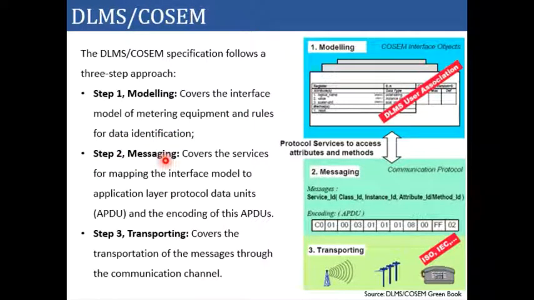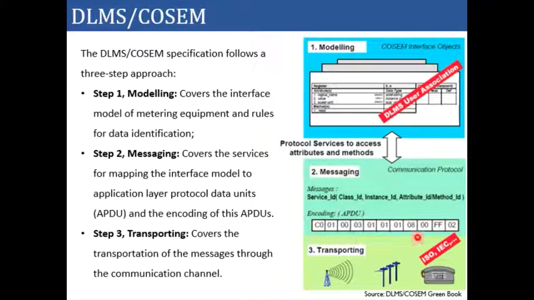Now next is messaging, which covers the services for mapping the interface model to application layer protocol data units and the encoding of APDUs. Now, what does messaging do? It basically gives you the structure of various methods where you can just invoke a method to get the required information. Say in this case it is service ID, where you have various attributes to be sent to get the service ID. This is the message in high level language.